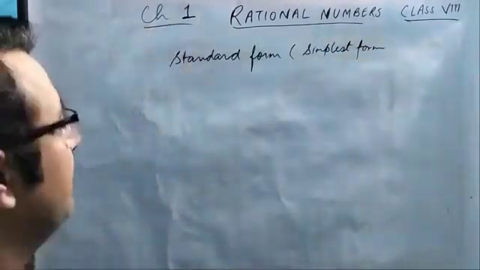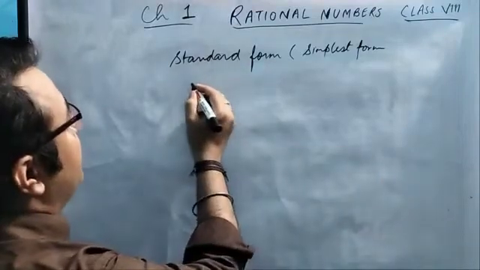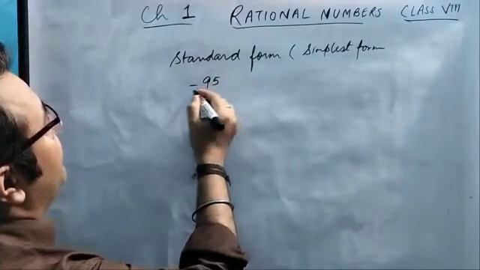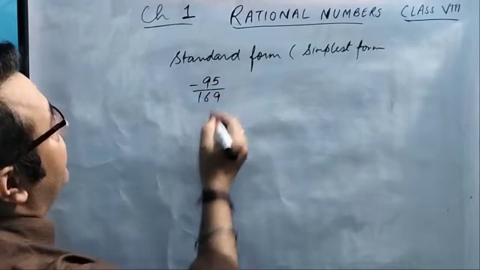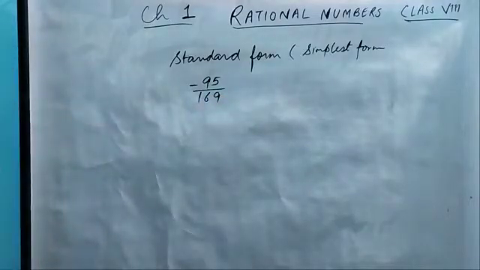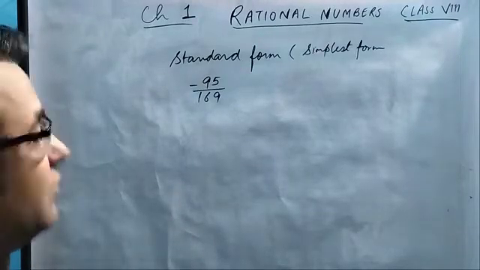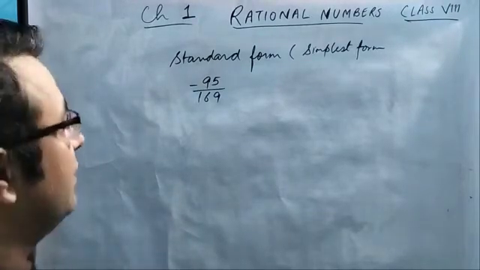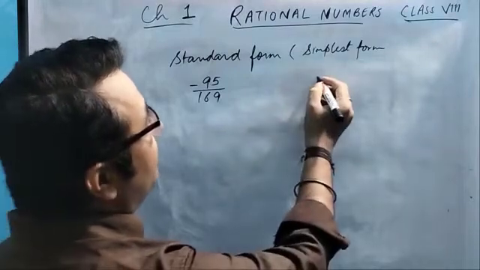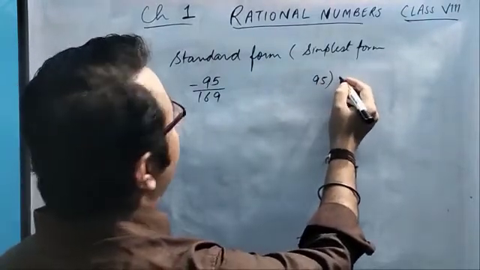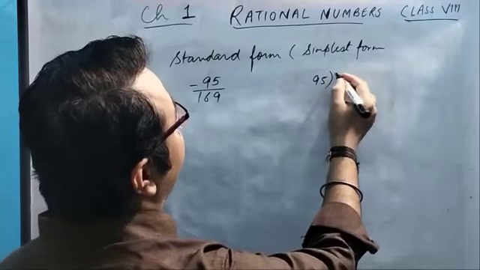Suppose we are given a rational number, let's say minus 95 upon 169, and we need to write the answer in standard form or simplest form. It's very difficult to reduce this number directly, so the way is we find the HCF of the numerator and denominator. Let us find the HCF of 95 and 169.